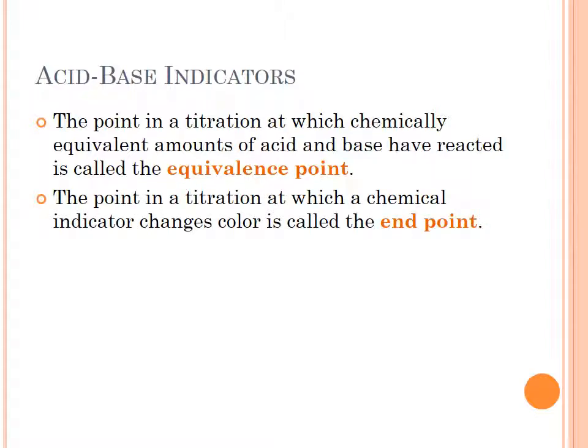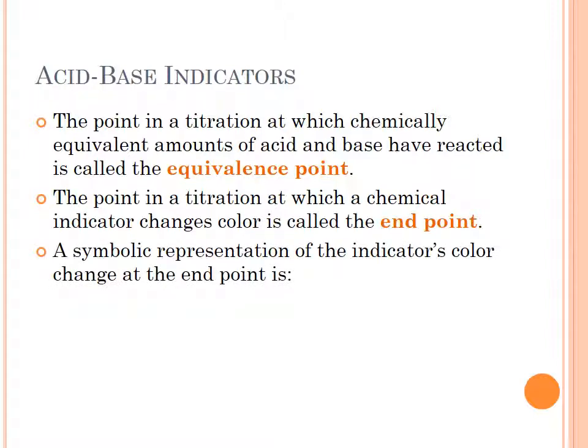Now, depending on which indicator you use, that indicator is going to change color, and we call that the end point. Now if those two aren't at the same spot, that's going to create some error. That amount of error is built into the experiment, and we call that the titration error. But you obviously want that end point and equivalence point to be as close to the same spot as you can, because that will give you the best result.